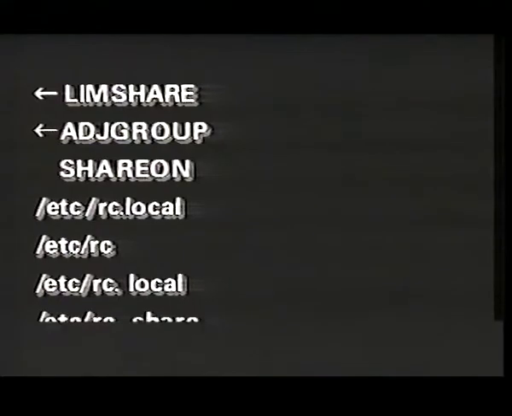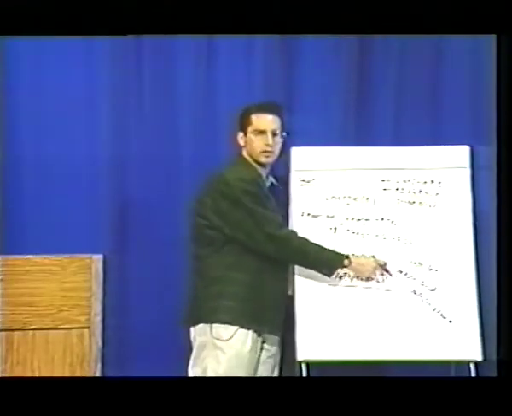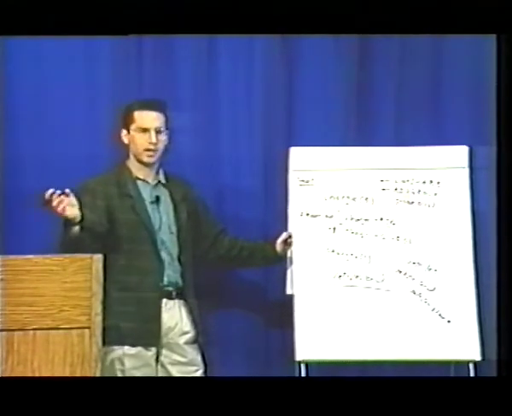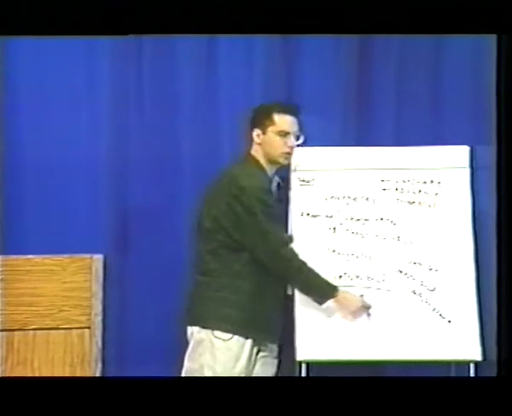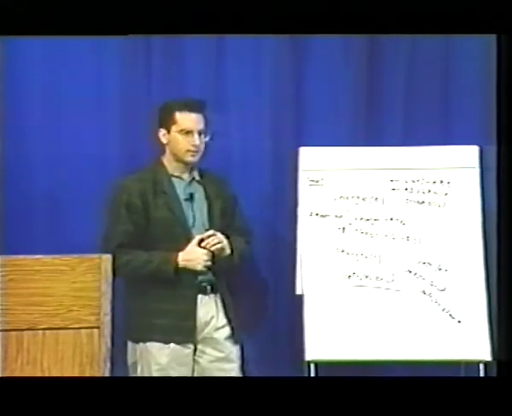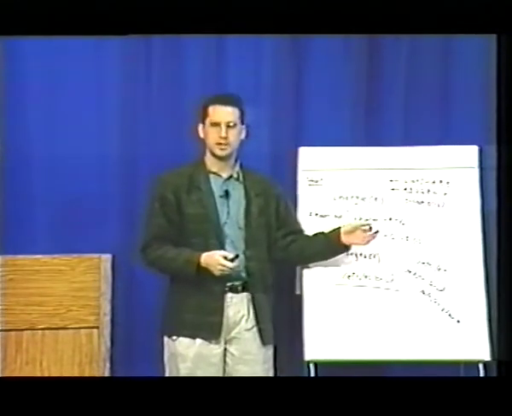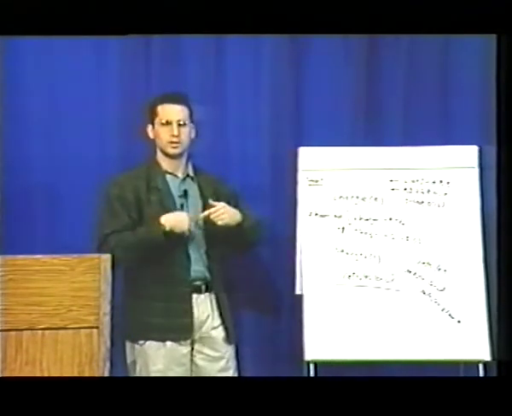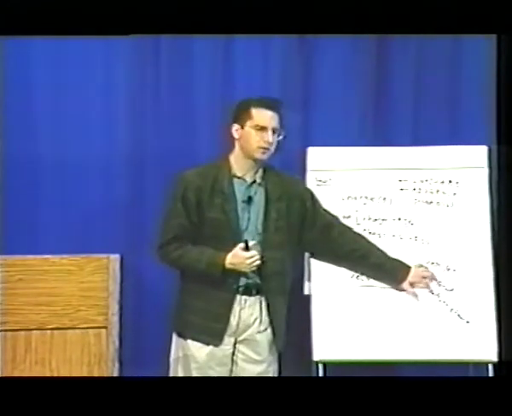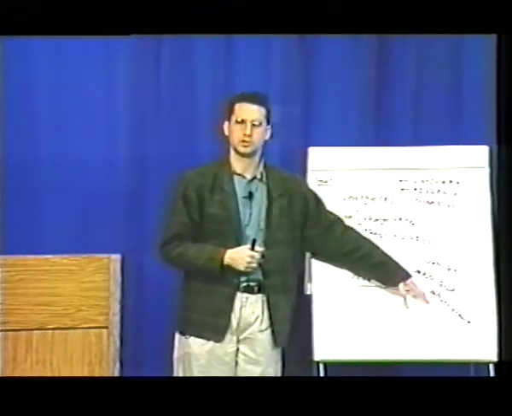And then there's also an rc.share. Usually rc.local is things you want to do when the machine comes up that's specific, like go and clean temp files. rc.share has share-specific things, so it lumps the daemons into particular groups, starts share up, that kind of stuff. So we just made some logical separation between the RC files.